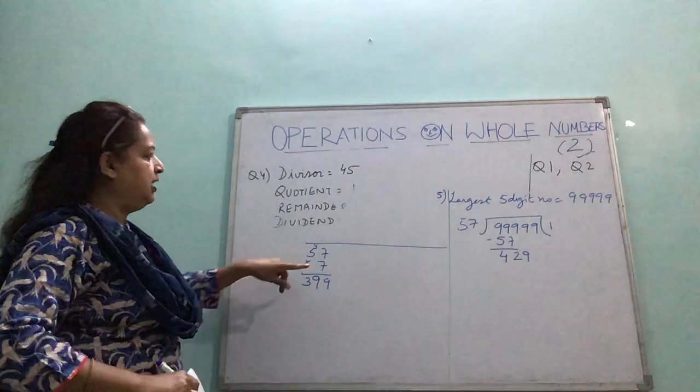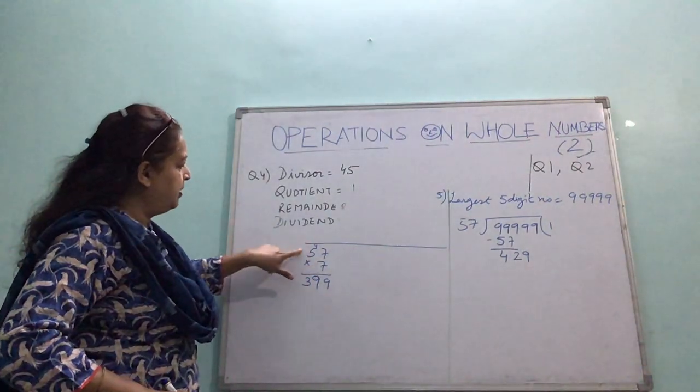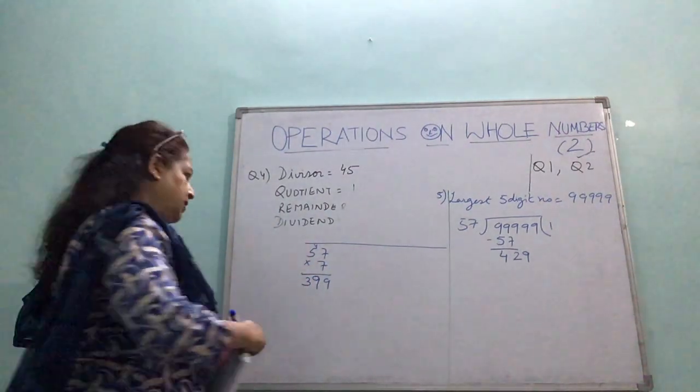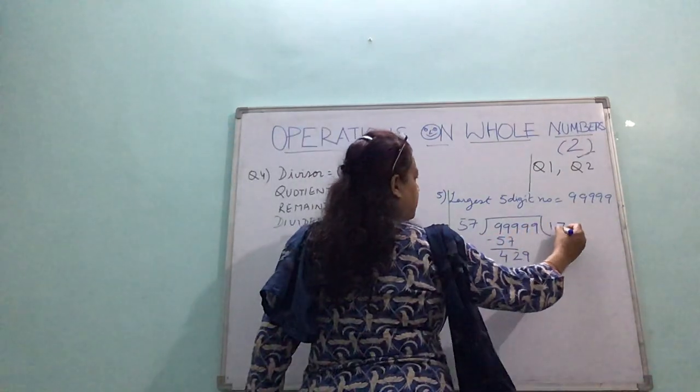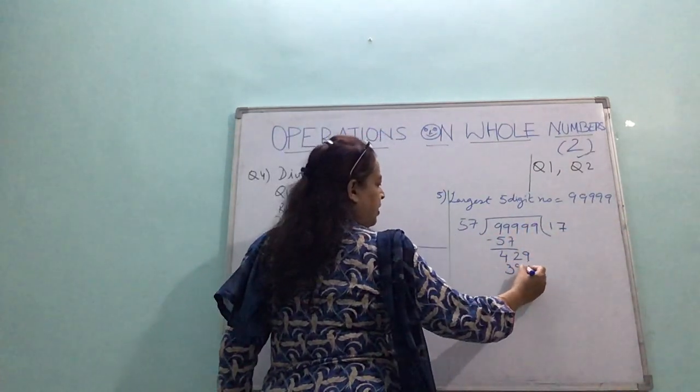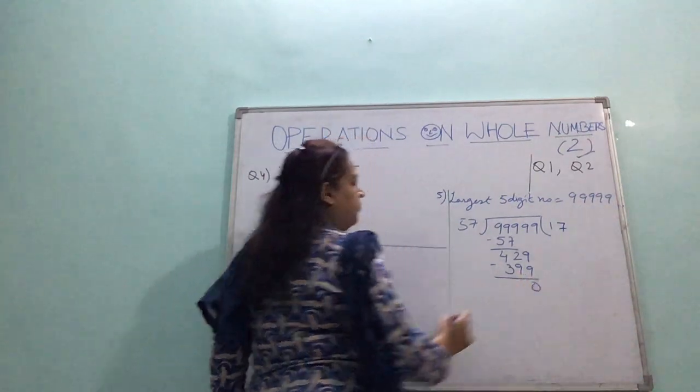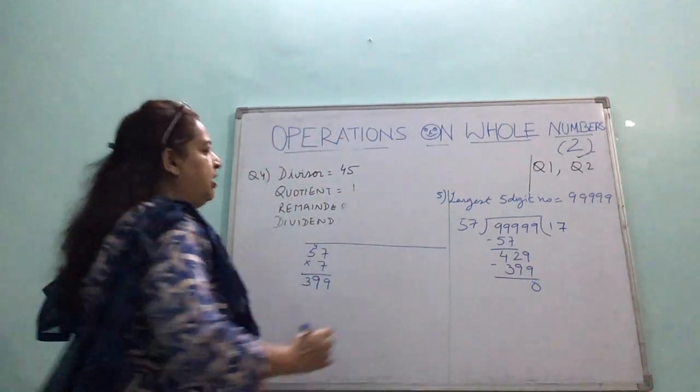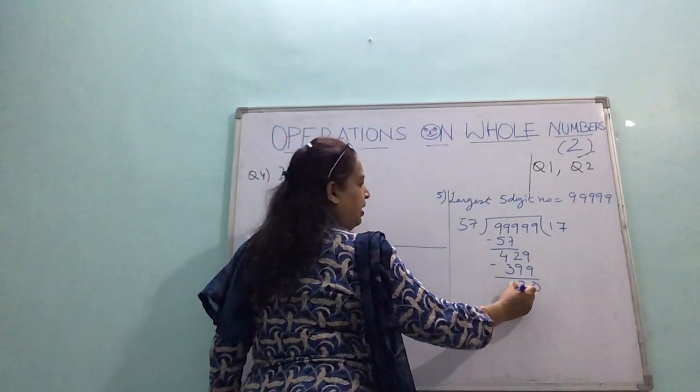Just let me check, otherwise you will have an error. 49, 7 5 is 35, plus 4, 399. Yes, correct. 7 times 399. 0. And from 12 we subtract 9, 3.